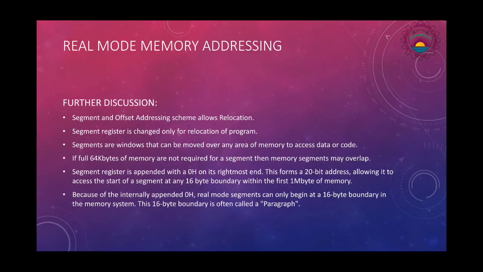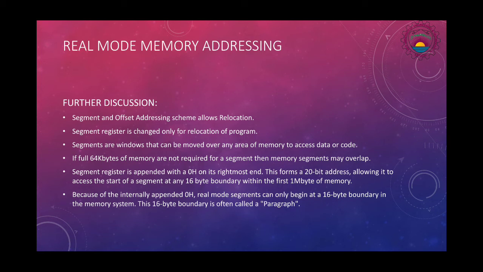In the previous slides, we have discussed that the segment offset addressing scheme is used for real mode memory addressing. We multiply 10H with the segment address, and then the offset address is added to form the 20-bit physical address, and that is the actual address where the code or data is residing in memory.